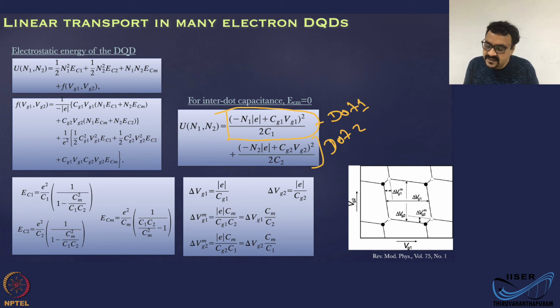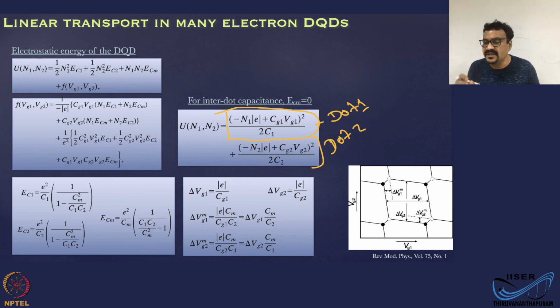Okay, and just by looking at the charge stability diagram, you can extract, in summary, various parameters connected to the device geometry. So until you have a charge stability diagram which looks like a honeycomb, you cannot tell that you have a tunnel coupled double quantum dot system.